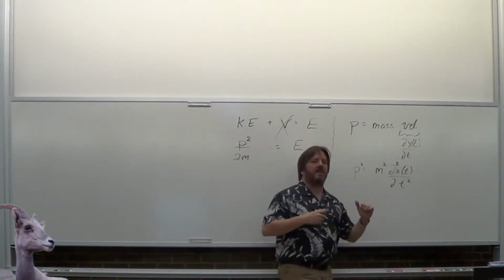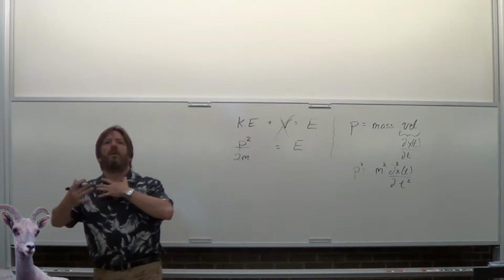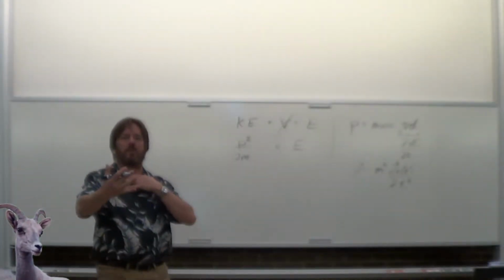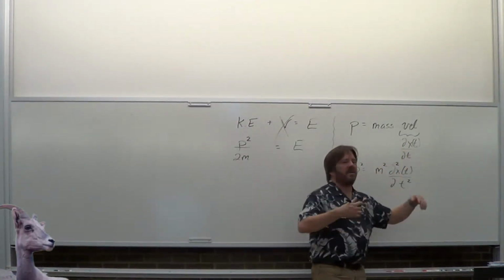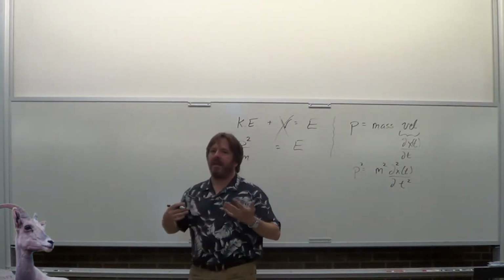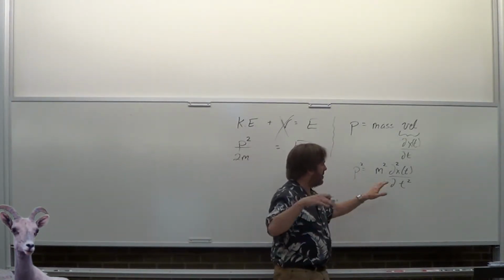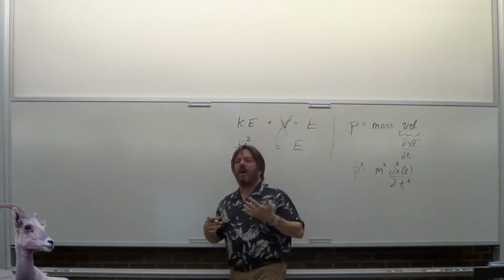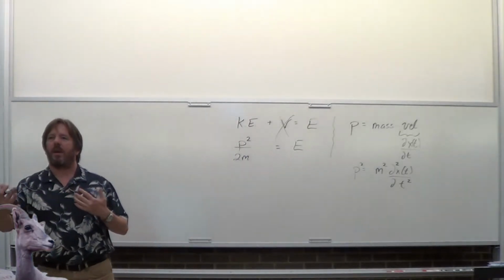Momentum is mass times velocity, and when you learned about Isaac Newton, in mechanics, you learned that the derivative of position with respect to time is velocity, and therefore p squared would be mass squared, the double derivative of position with respect to time. That's m squared v squared, right?